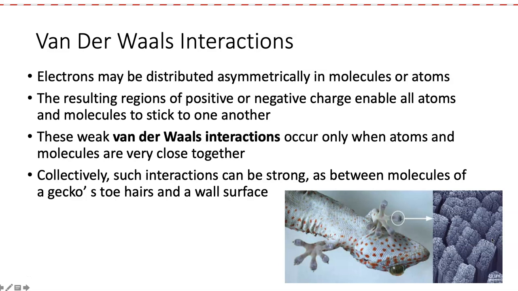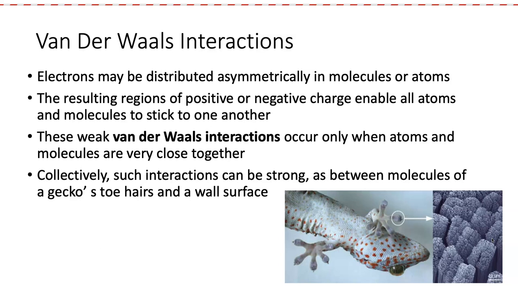The other one is van der Waals interactions. Van der Waals interactions are when you've got electrons that are distributed asymmetrically in your molecules or atoms. This gives, just like with the hydrogen bonds, a slightly positive or slightly negative charge, which causes the atoms and molecules to stick to each other. But these are very weak, and it only occurs when atoms and molecules are very close together.